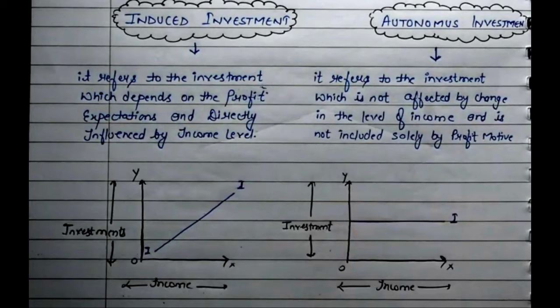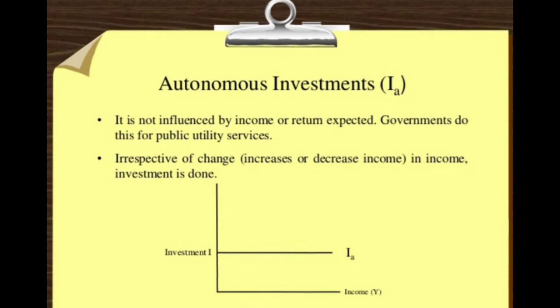Now read the definition. It refers to the investment which is not affected by change in the level of income and is not induced solely by profit motive. That's why the graph is constant. I am investing one constant amount which does not give me any income, so the graph does not rise.